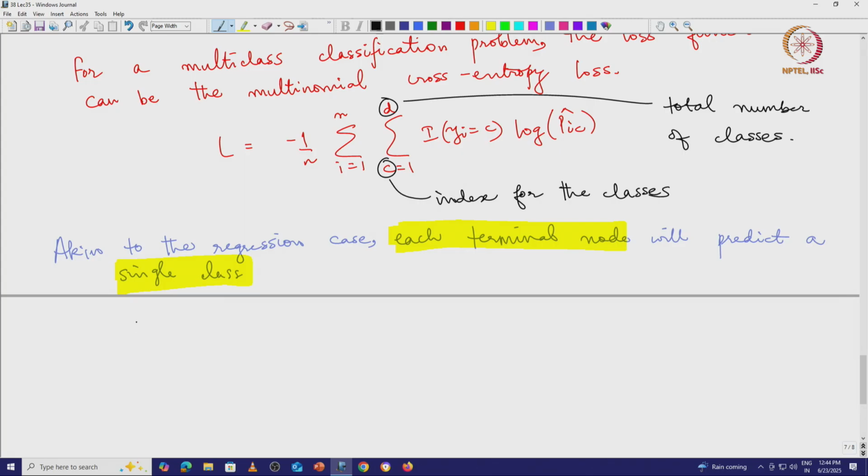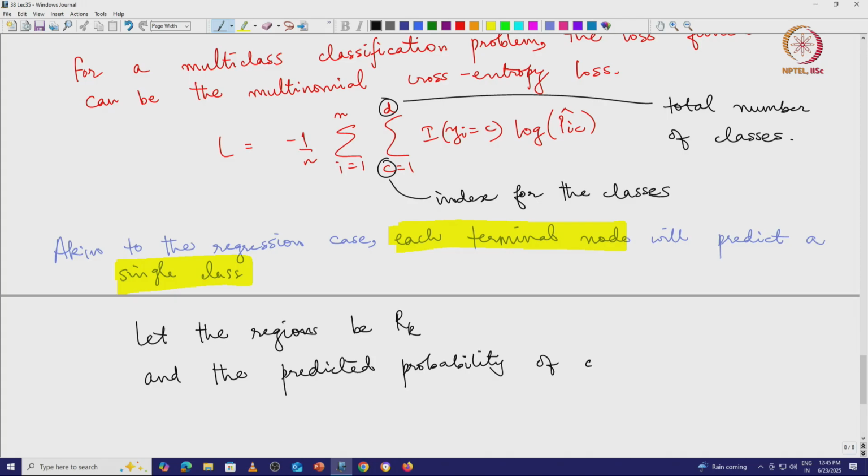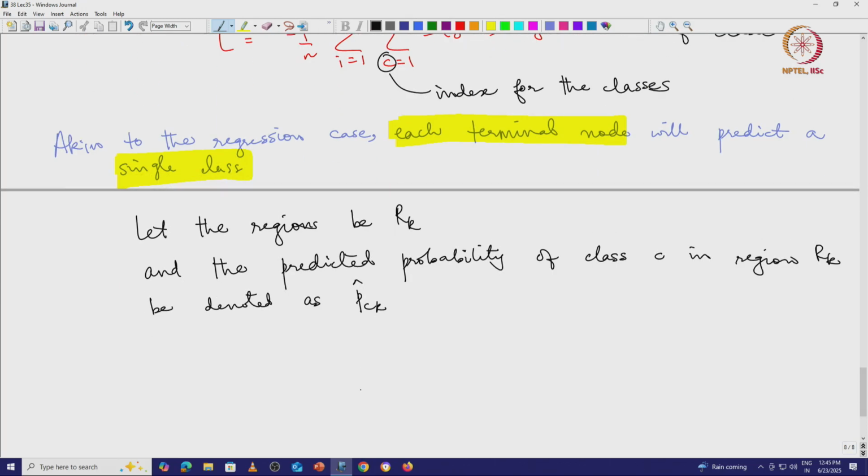So, let the regions be Rk as we have done before, and the predicted probability of class C in region K be denoted as p hat kc, right. So, C denotes the class that we are considering and K denotes the region that we are considering. Okay.